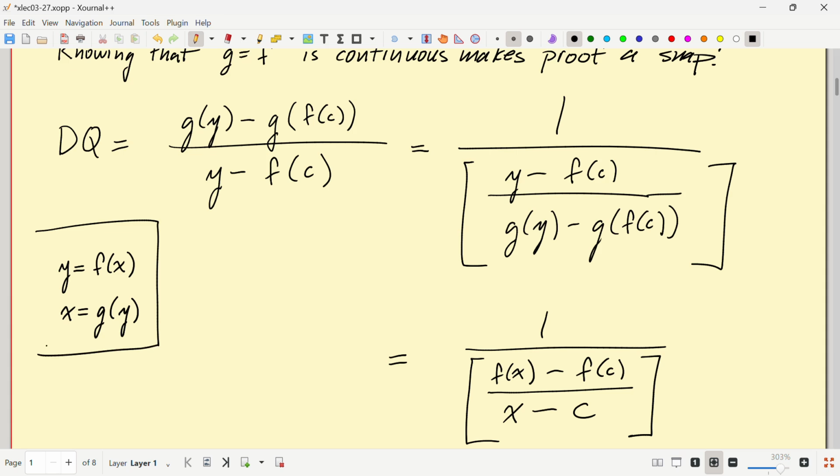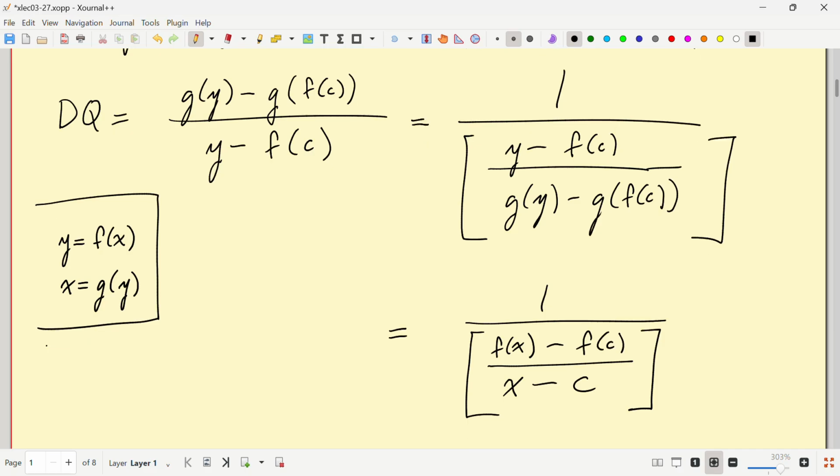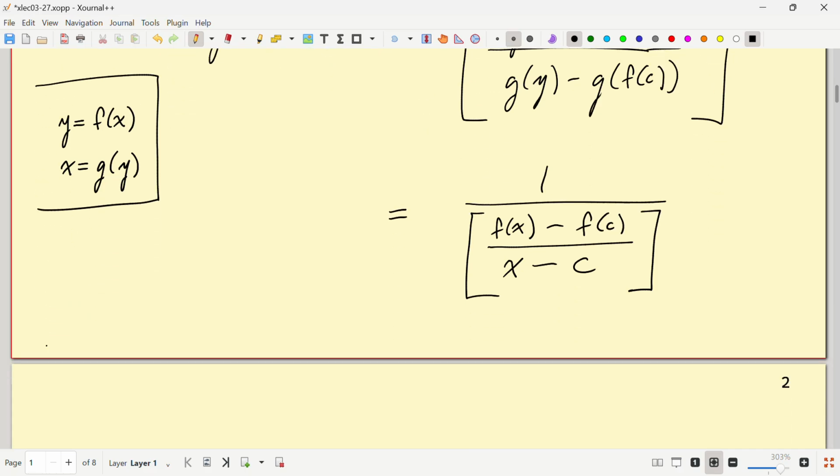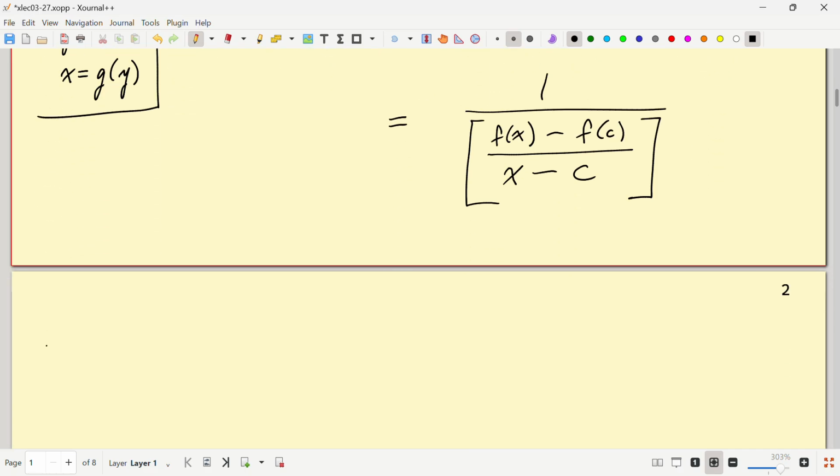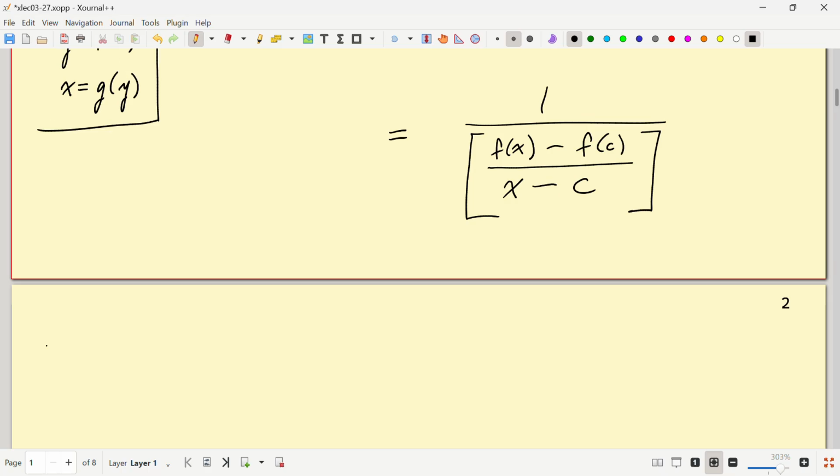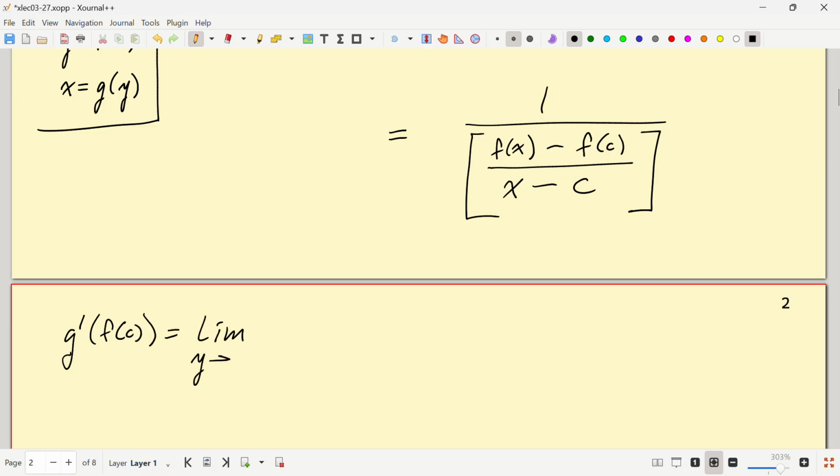So if I replace y by f of x in that difference quotient, and write G of y is equal to x, I get the difference quotient for the derivative of f. And let's see, G prime of f of c is going to be equal to this limit of that expression as y tends to f of c of the difference quotient.